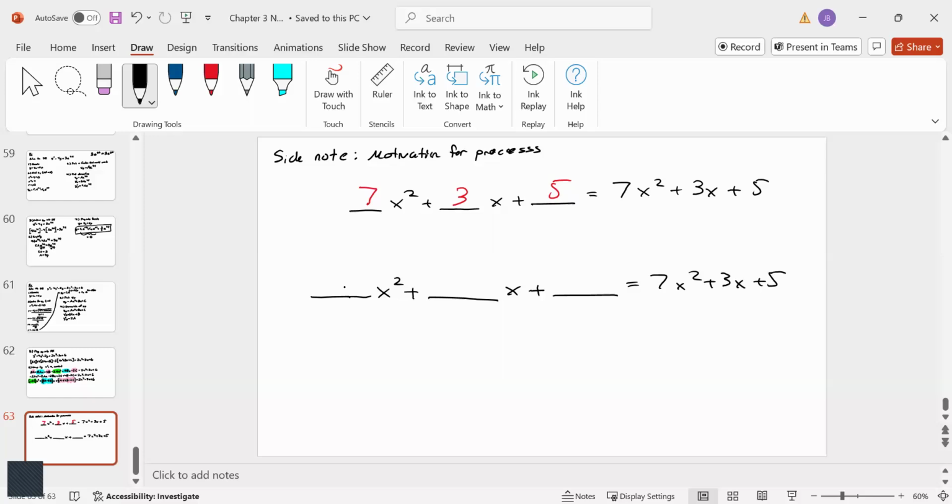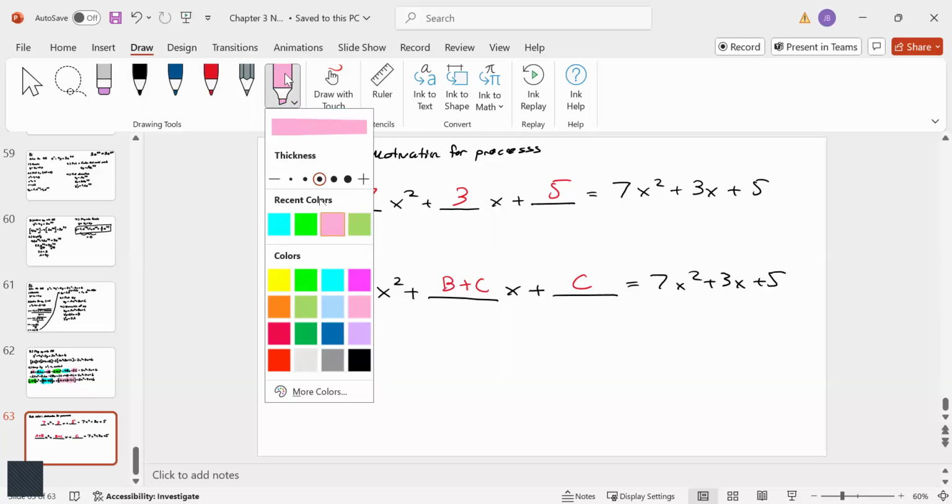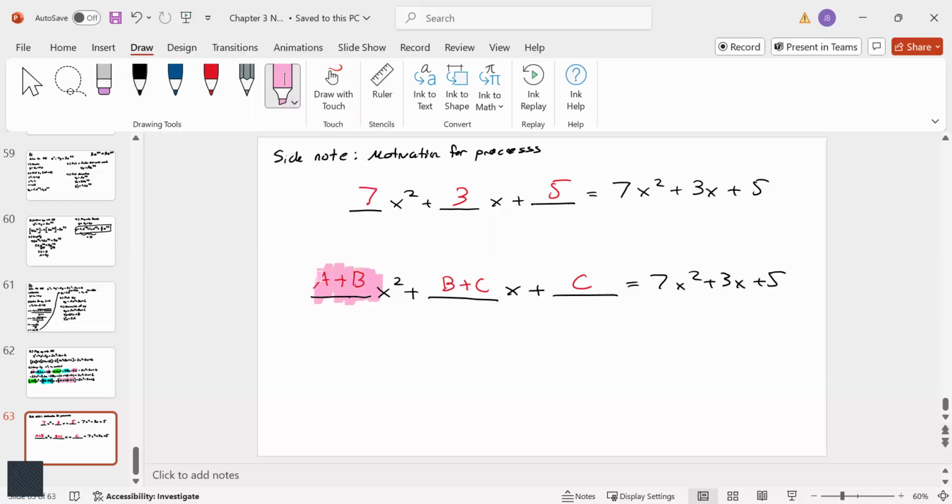But instead of it being just a number that I'm missing, what if I wrote down here a plus b? And I wrote b plus c. And right here, I wrote, let's say c, right? Then you would say, okay, if I want the left side to be equal to the right side, well, I want this to be equal to that.